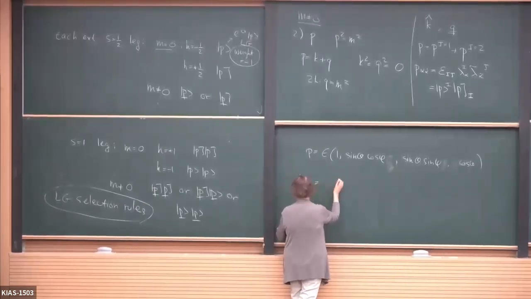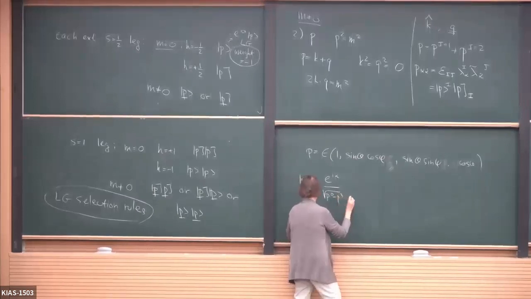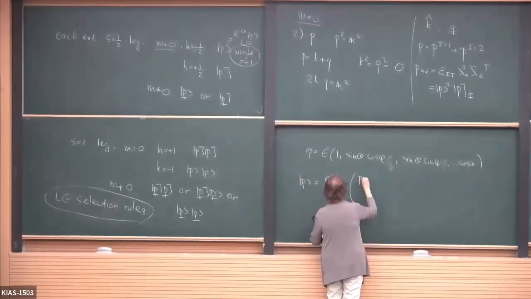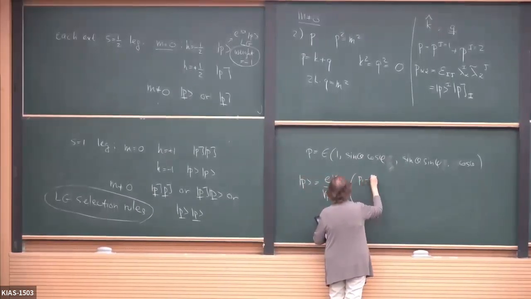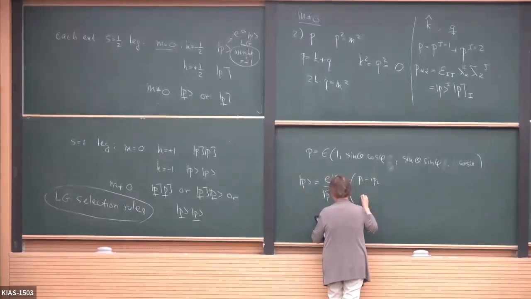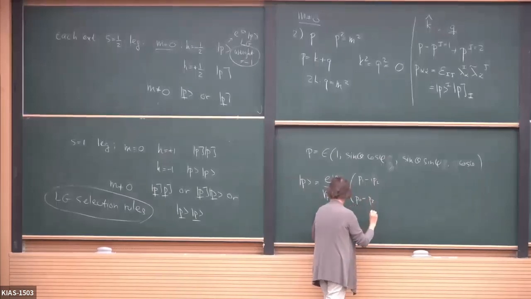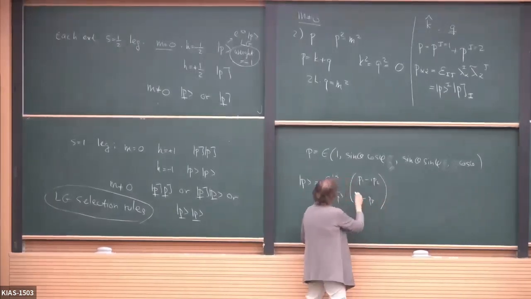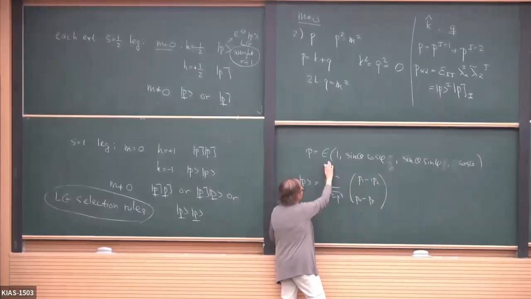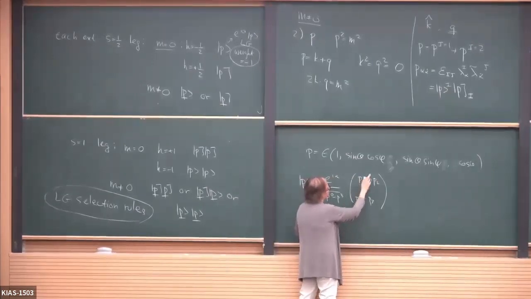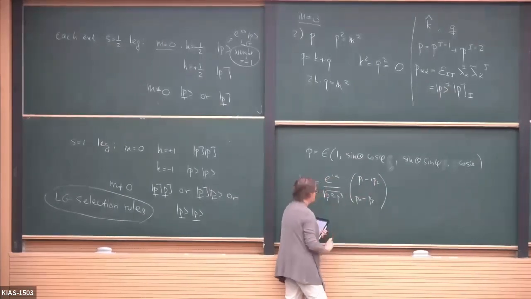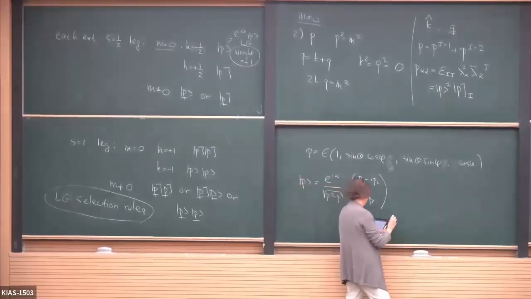So p is e to the i alpha, square root of P0 minus P3, P1 minus iP2, P0 minus P3. I see that I didn't actually substitute the different values for this, but you can just substitute them yourselves.